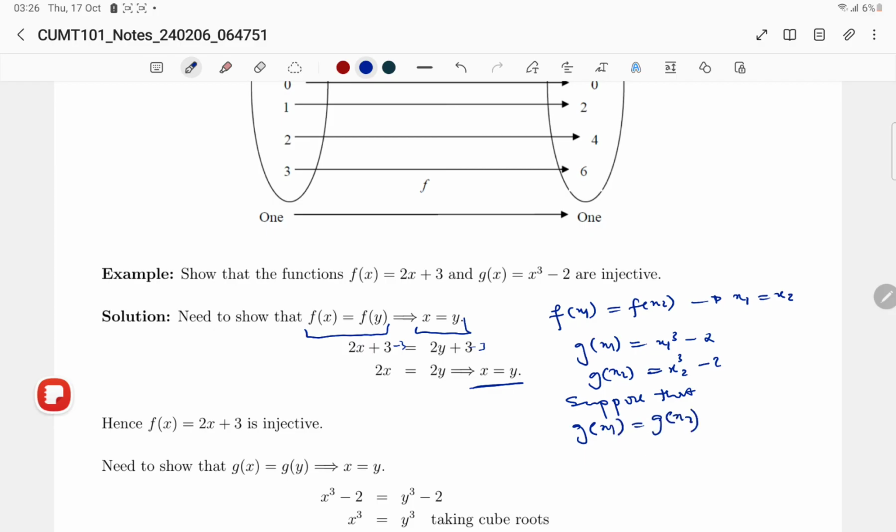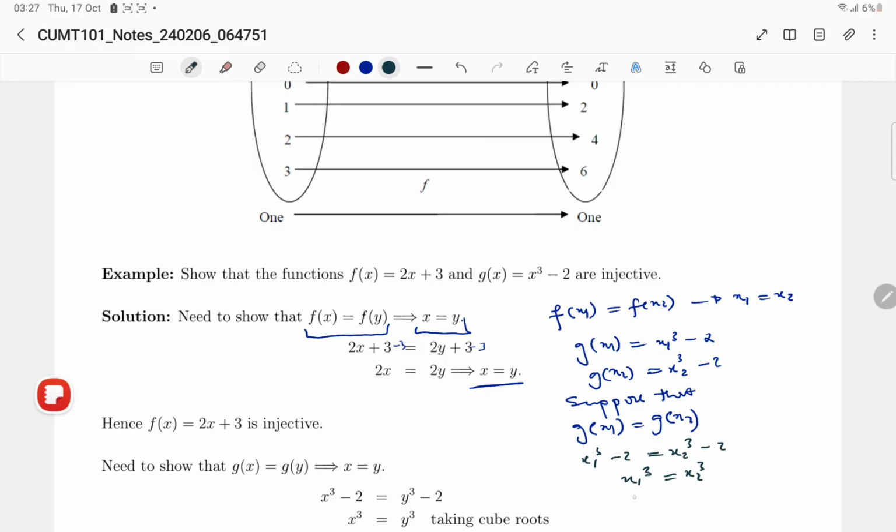We are required to prove that x1 is equal to x2 from that. So if we suppose this, we have x1 to the power of 3 minus 2 is equal to x2 to the power of 3 minus 2. We clear the minus 2 from both sides, we just have to add 2. So we get x1 to the power of 3 is equal to x2 to the power of 3.